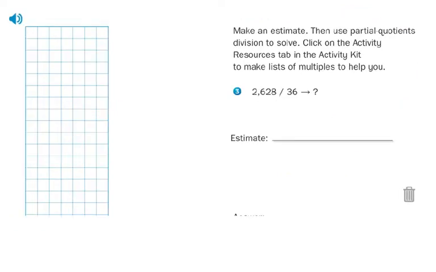Again, that estimate is really, really helpful in helping us narrowing down the steps. What I'm going to do is just take the first number. 26 is pretty close to 28. And 36, if I made that 40, look at, I know 28 divided by 4 is a basic fact.